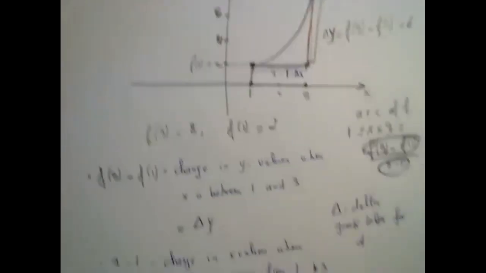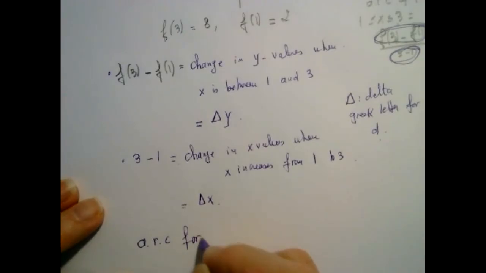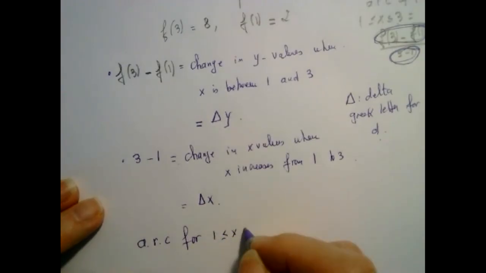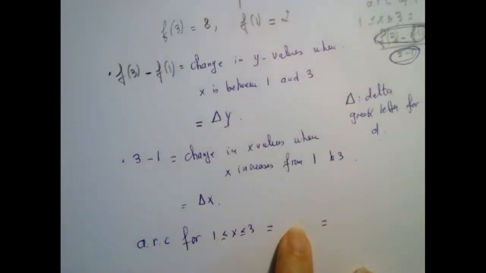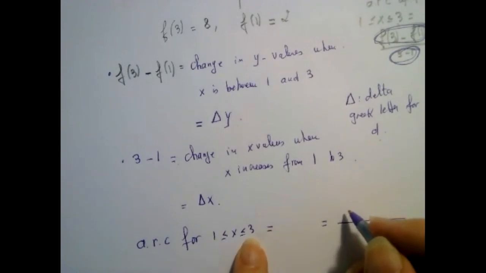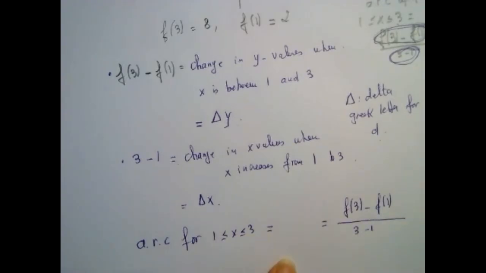What is the average rate? The average rate of change for x between 1 and 3, the definition tells me, is f of 3 minus f of 1 over 3 minus 1.